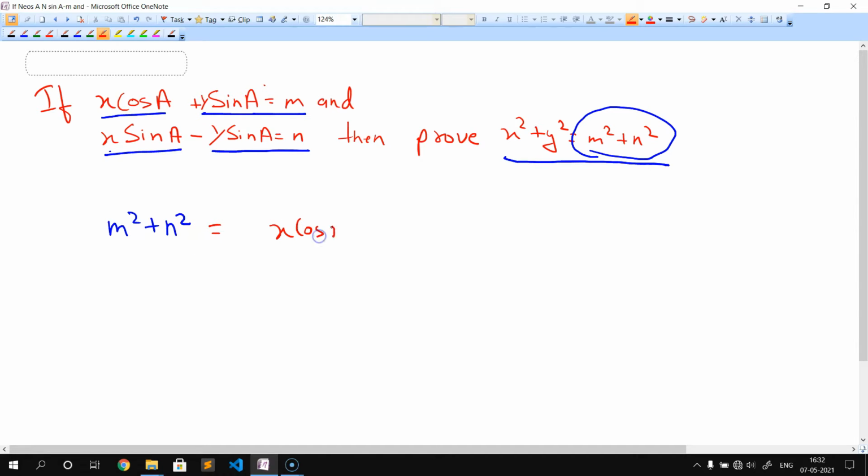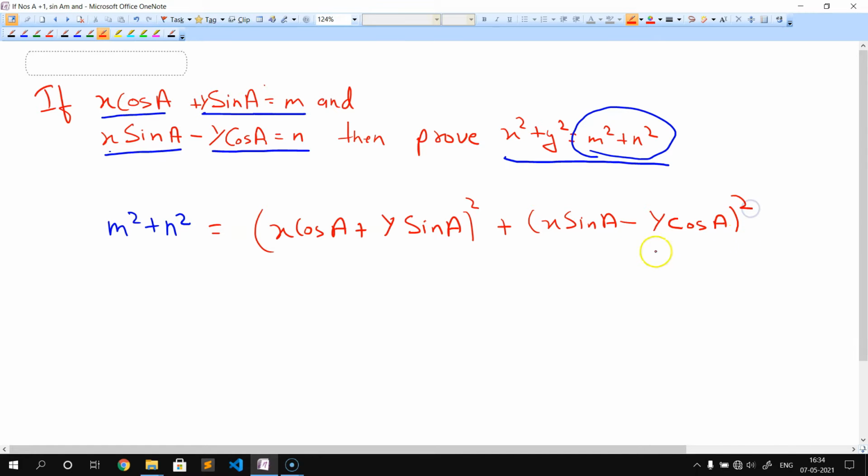So it will become (x cos a plus y sin a) whole square plus (x sin a minus y cos a) whole square.